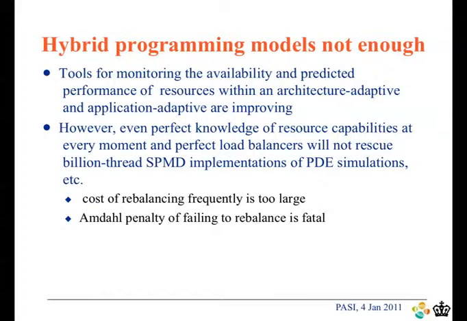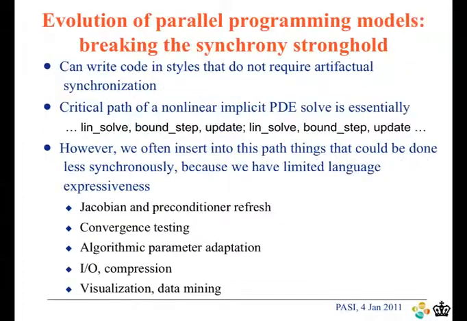Even perfect knowledge of resources and perfect load balancers will not rescue billion-thread SPMD implementations, because the cost of rebalancing is frequently too large and the penalty for not rebalancing is fatal. I think the evolution of parallel programming models has to break the synchrony stronghold that we artifactually put into all of our apps today.